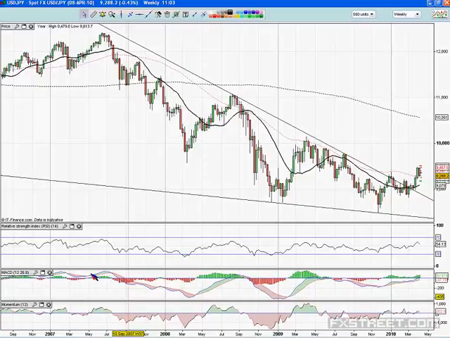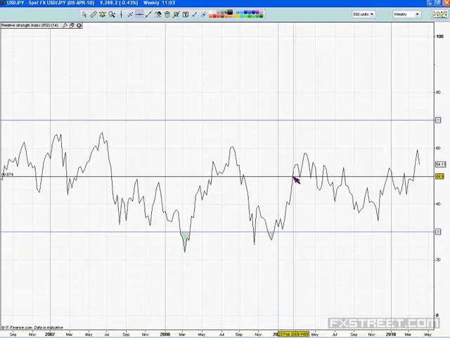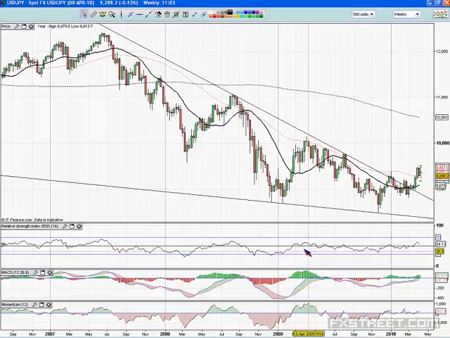One thing that we always do, if anybody has been following the blog or came to the webinar last week, is we draw a central line on our RSI. Some chart packages already have that on there, but this is really to give us a view on whether or not we're in a bullish or bearish trend.